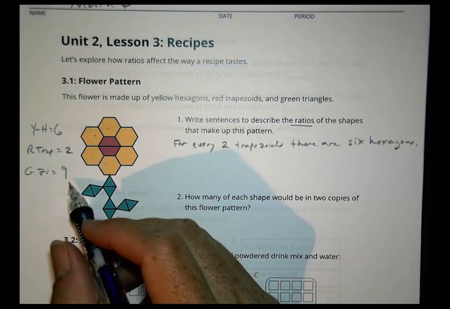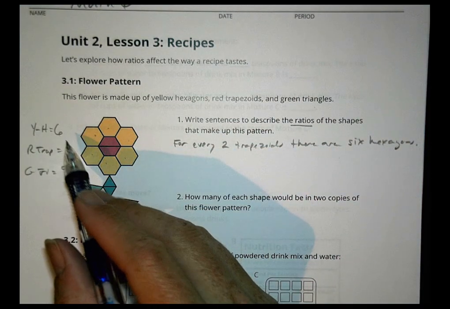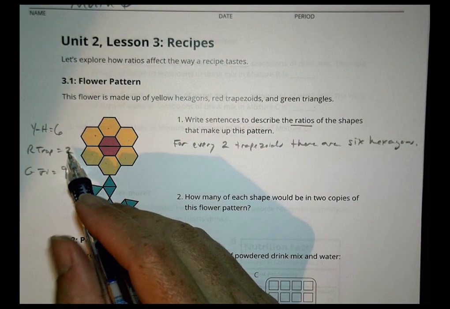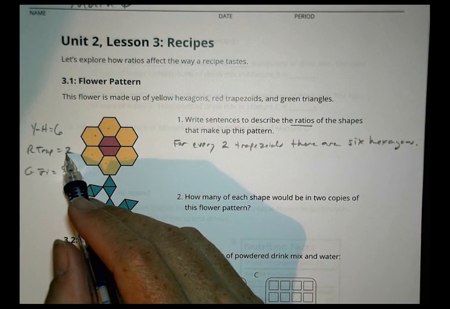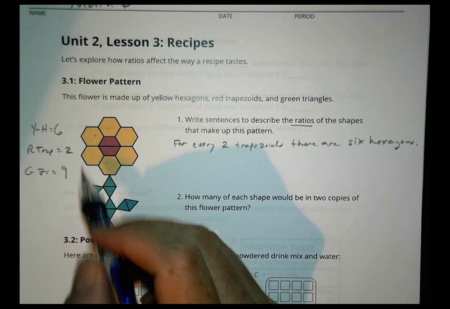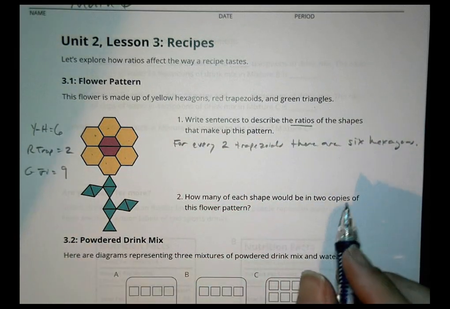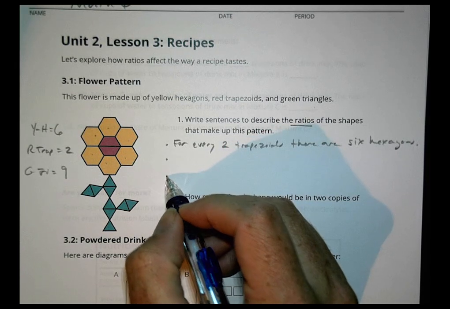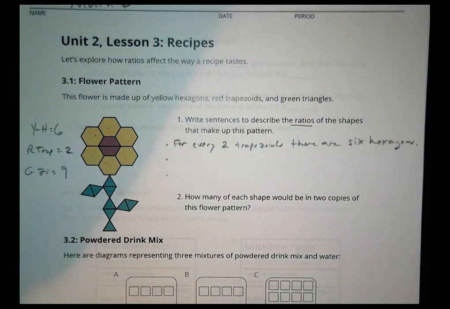There are 9 triangles for every 6 hexagons. There are also 9 triangles for every 2 trapezoids. There are 2 trapezoids for every 6 hexagons, and vice versa. There are lots of things you could do there, but you need to write a couple sentences with your partner, or check with your partner, and see how you do. And that's it.